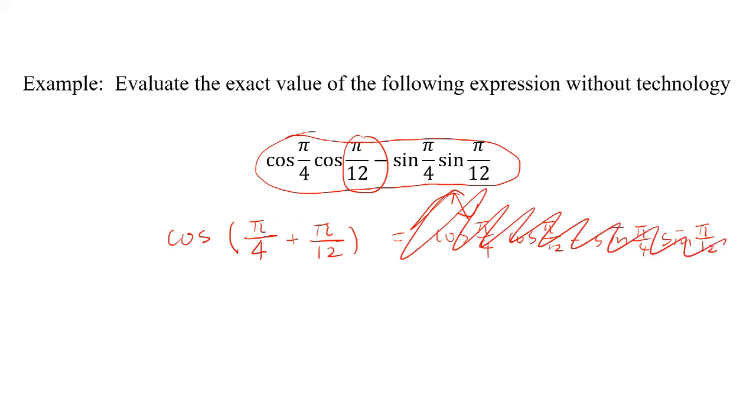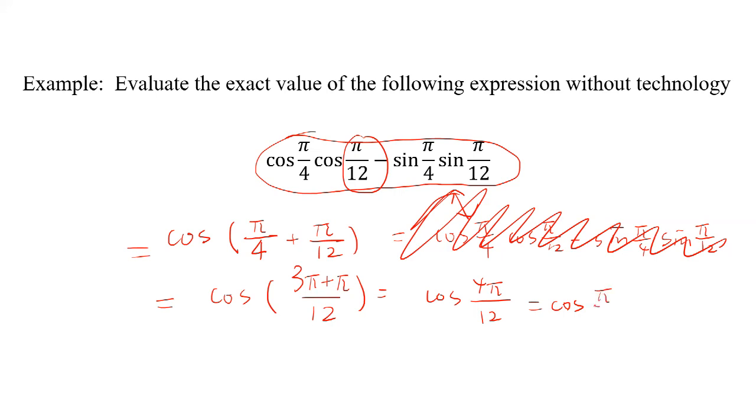So we know that this is actually cosine 1/4 pi plus 1/12 pi, which is cosine 4/12 pi, which is cosine 1/3 pi, right? This is actually 1/2. And so in this way, we can solve this problem, right?